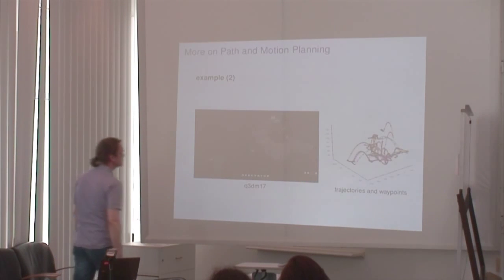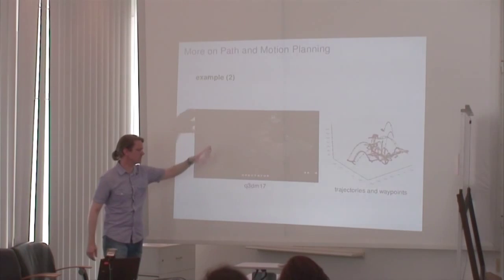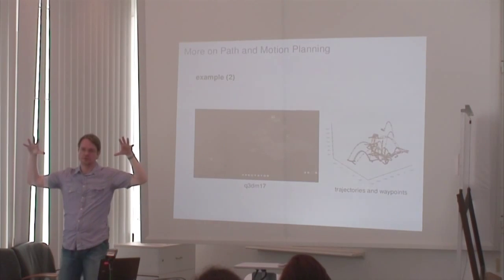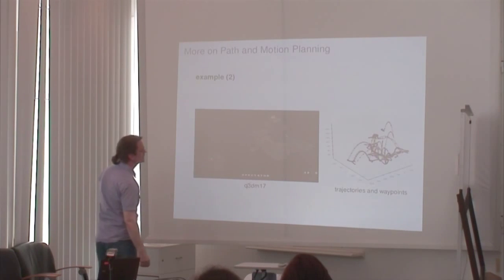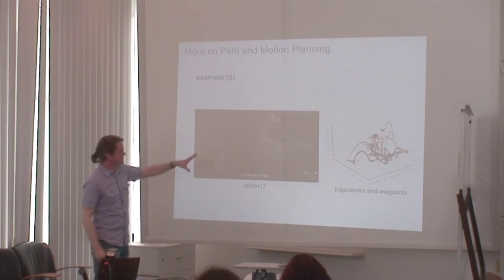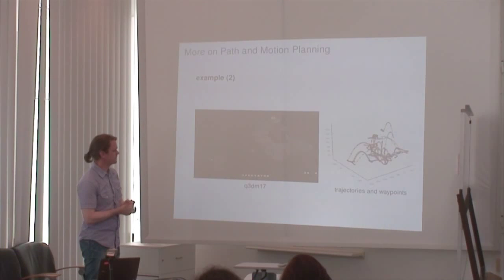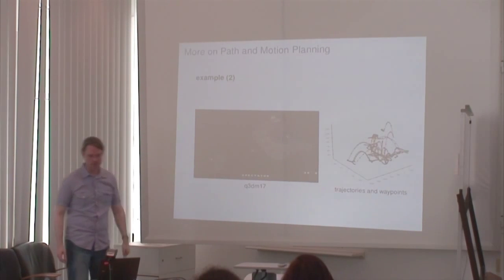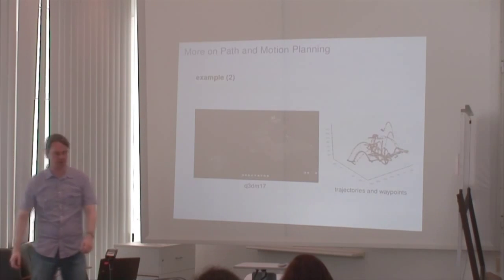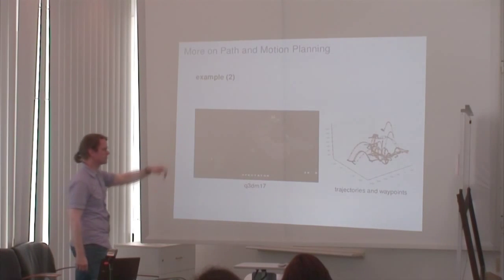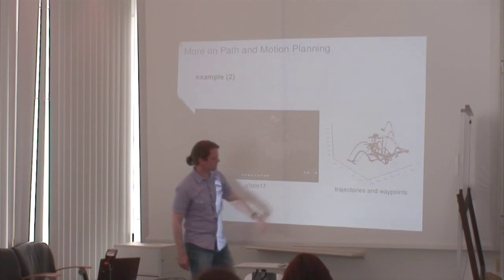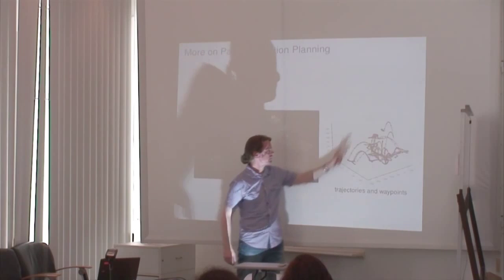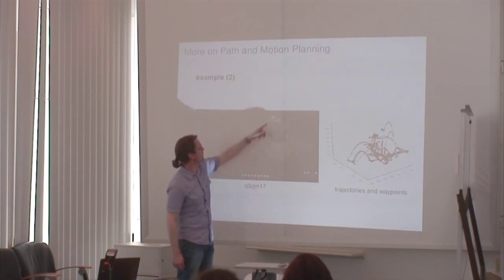Here is another example. I don't know if you can see this. This is now an aerial view of the whole map, Q3DM17. So this is the whole game world for this level in Quake 3. And we have an experienced player running around that map. The red dots over there are the trajectories of the player. You can see there's lots of flying through the air and flying back, and some places high up on this map.